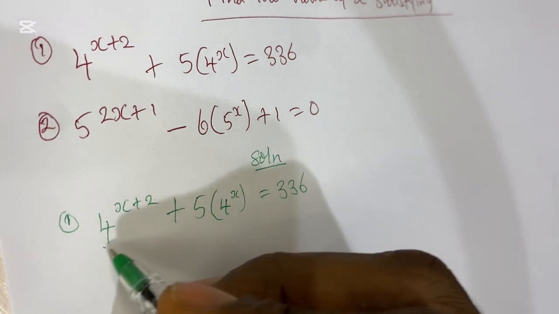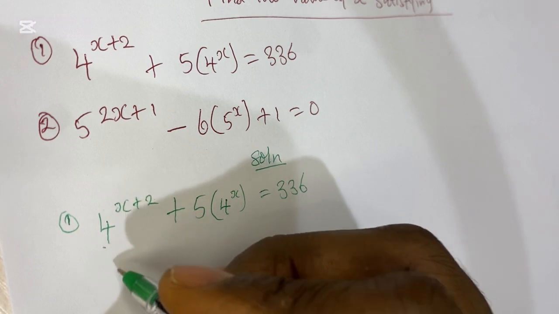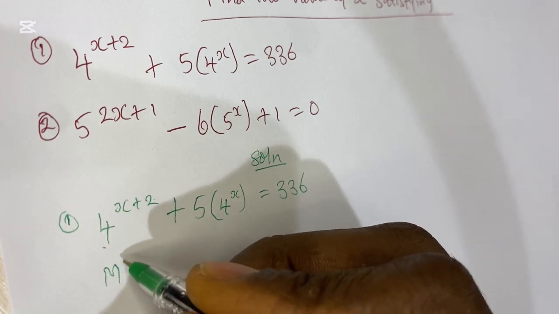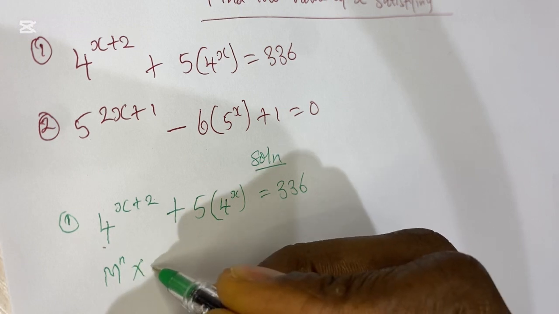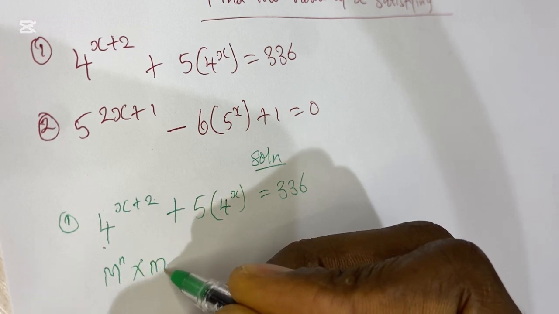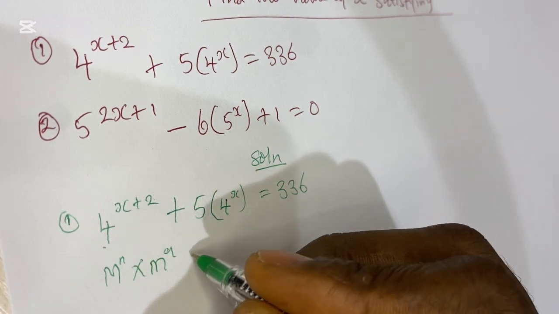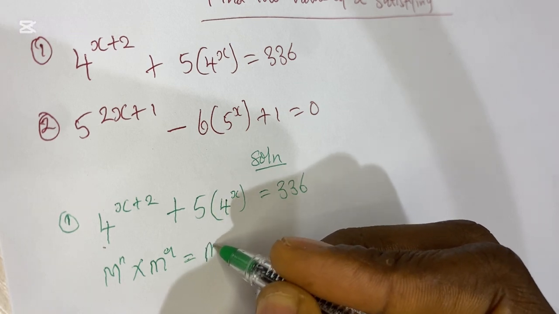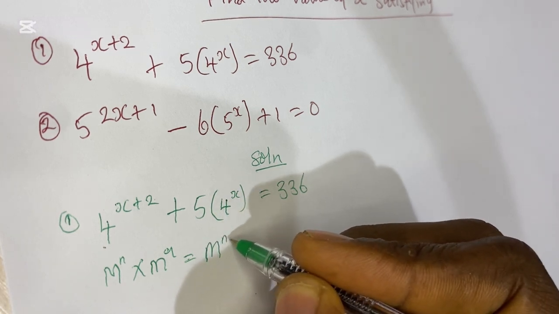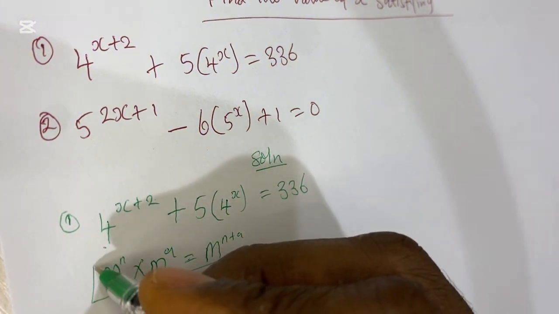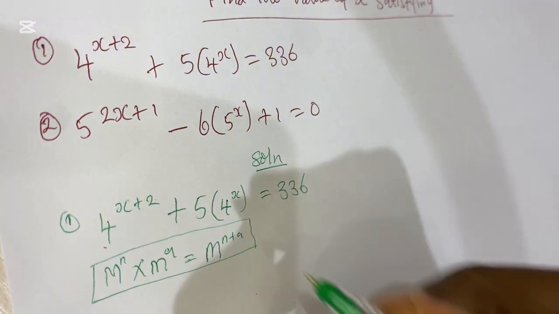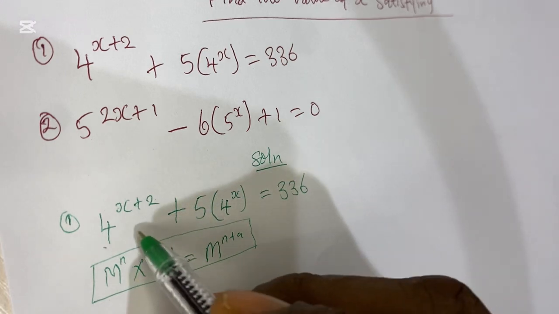Remember, in indices, if you have m raised to power n times m raised to power a, our answer, picking the base, becomes m raised to power n plus a. Remember this.